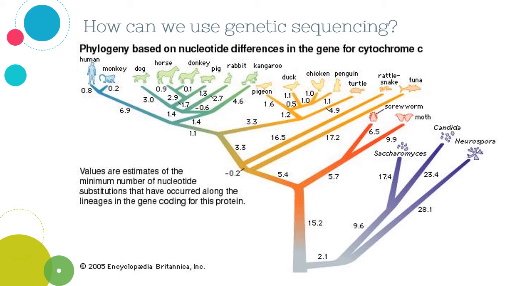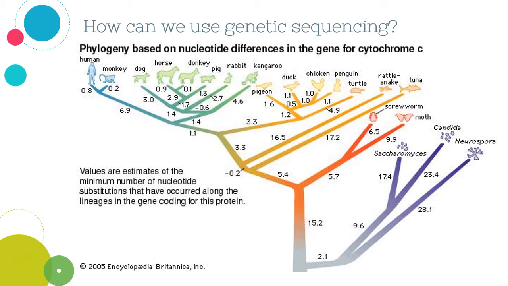So mutations to cytochrome C are relatively rare because you have to have basically silent mutations, these ones that don't change the product, for it to keep functioning the way that it does. So we have a low rate of mutations in this particular gene, a low rate of SNPs. Otherwise, if we were to look at a gene that isn't as important, we might get too many mutations to be able to say anything about these really distantly related groups.